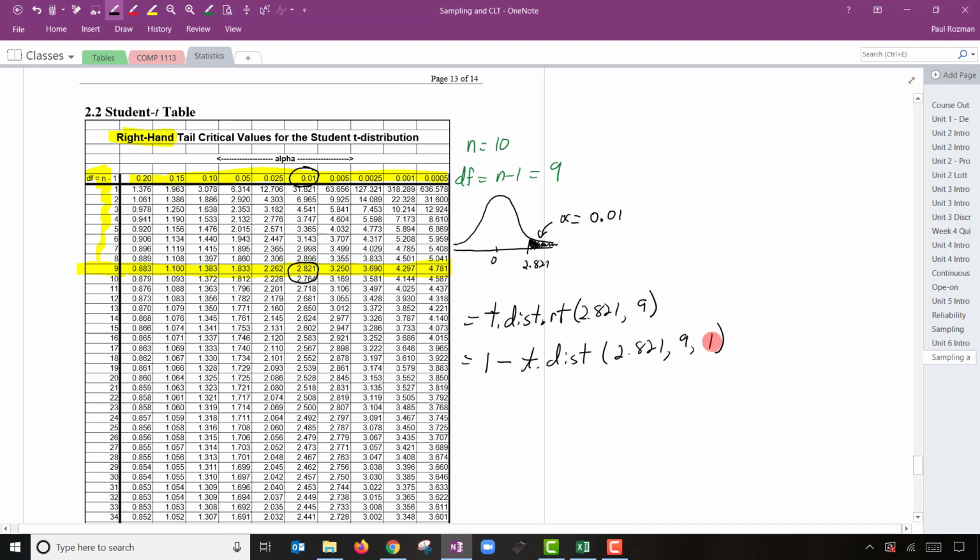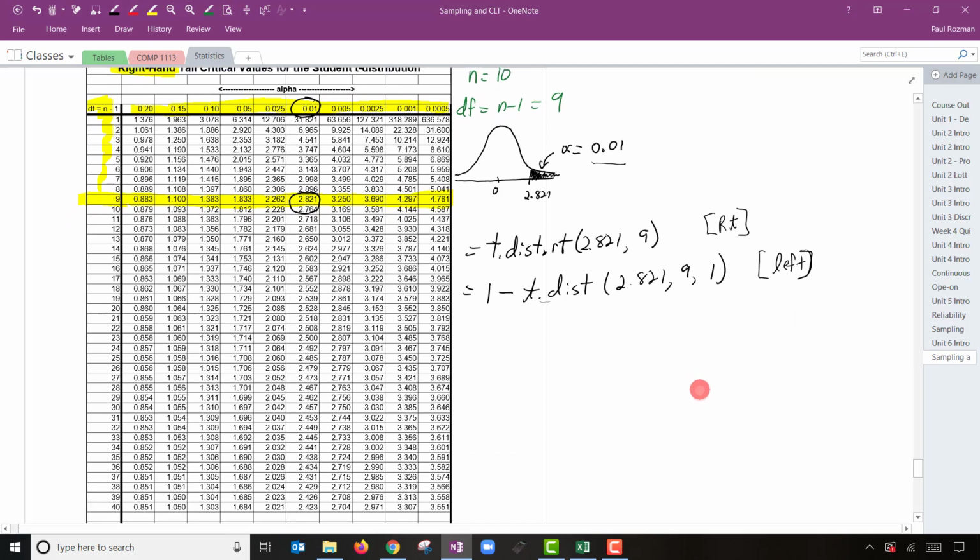For some reason they want us to say cumulative when we do it to the left, and we don't have to use cumulative when we go to the right. But these two equations should yield the same probability. It won't be exactly 0.01, it'll just be close to that, because it's more precise than the table.